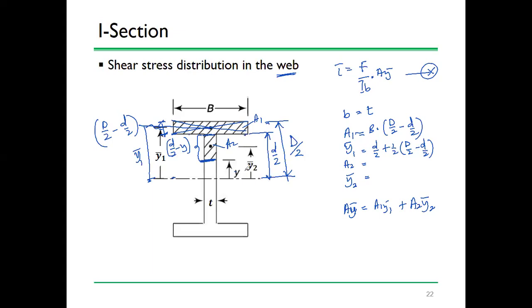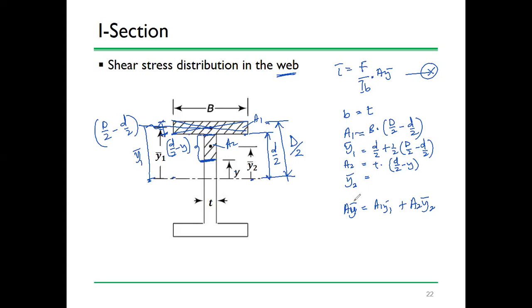From here to here to the neutral axis is D over 2, and this is Y. So when we do that, we'll get this small height here. So the area 2 now is the small t times what? D over 2 minus Y. That's the small t, the A2.